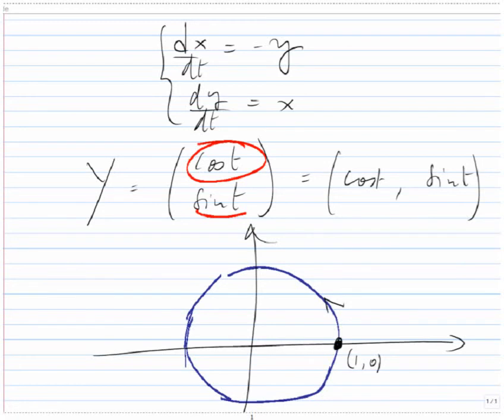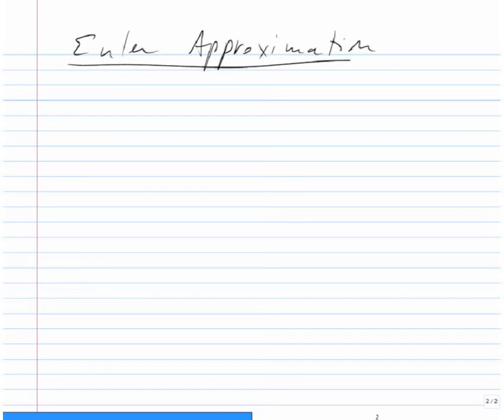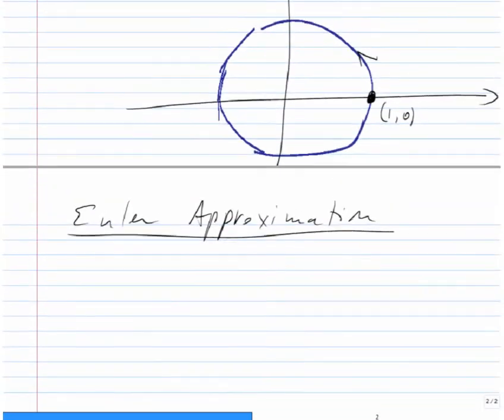And now we use the Euler approximation for this exact solution. This is typical: you find the exact, and then you look at the Euler and see how far you are from the exact solution, because in general it's very hard to find the exact solutions.